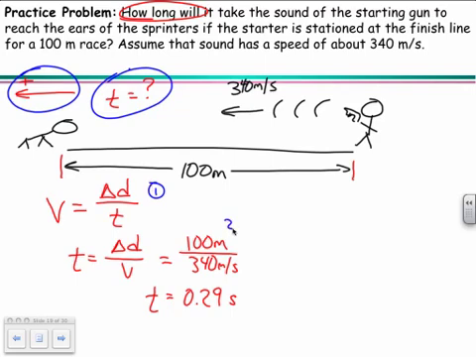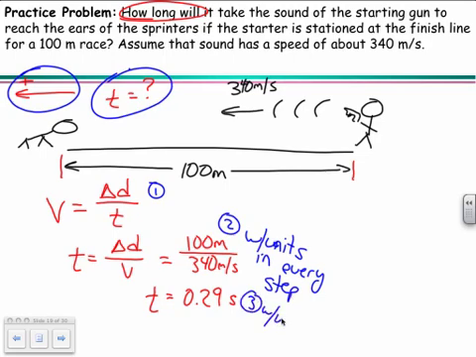I plug in my values into that formula with units in every step, please. Units everywhere. And then 0.29 is my solution with units again.